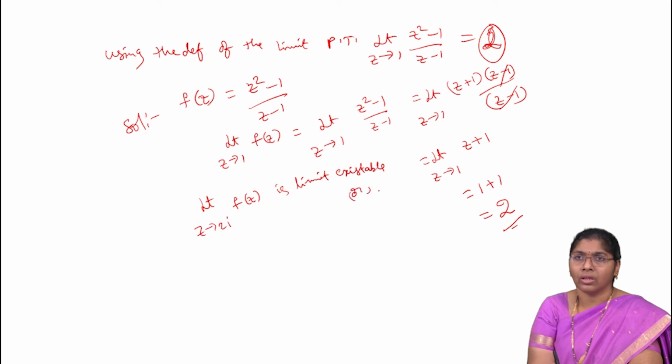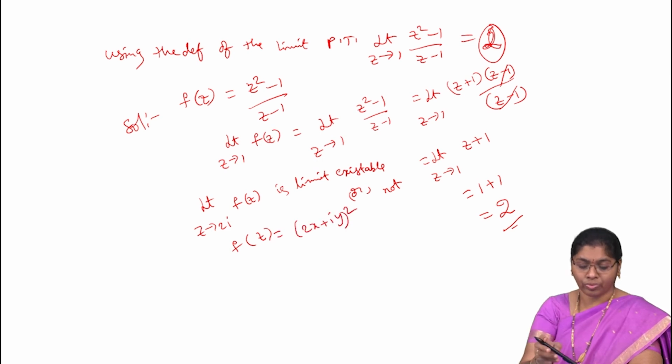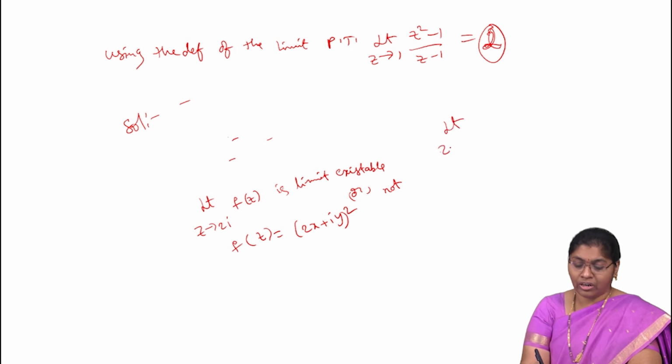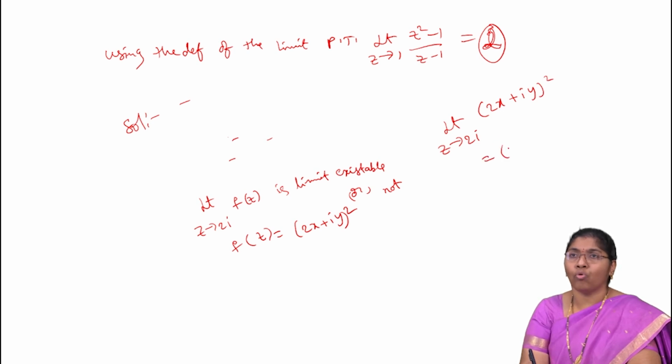Here f of z equals (2x plus iy) whole squared. Now the limit as z tends to 2i of (2x plus iy) whole squared, using (a plus b) whole squared, that is a squared, that is 4x squared, plus (iy) whole squared, that means i squared y squared, plus 4xiy.